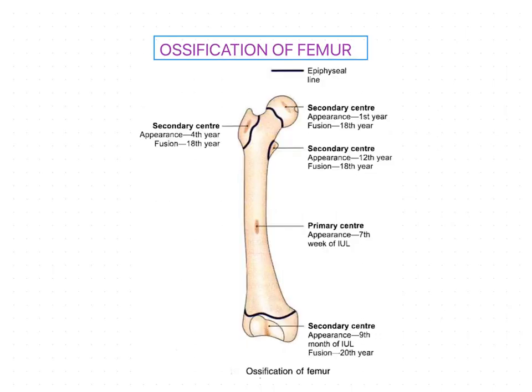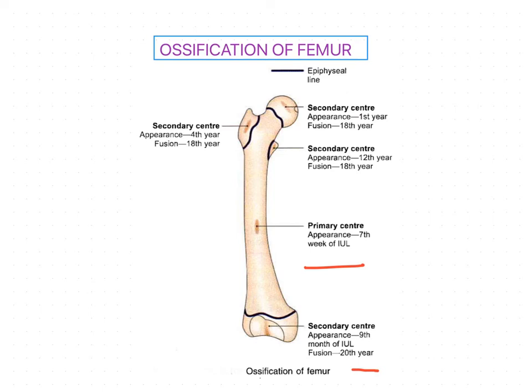The femur ossifies from one primary center and 4 secondary centers. The primary center appears at the 7th week of intrauterine life. Of the remaining 4 secondary centers, one for the lower end appears at the 9th month of intrauterine life and fuses by the 20th year.